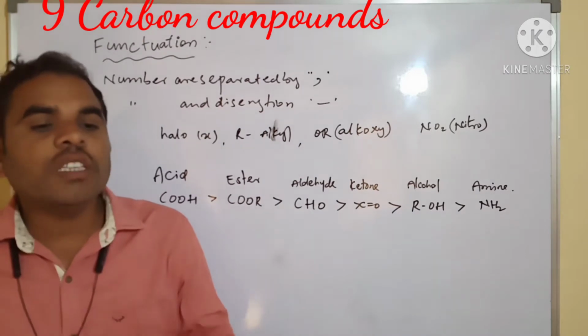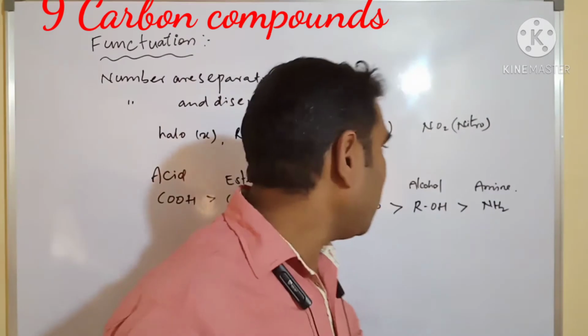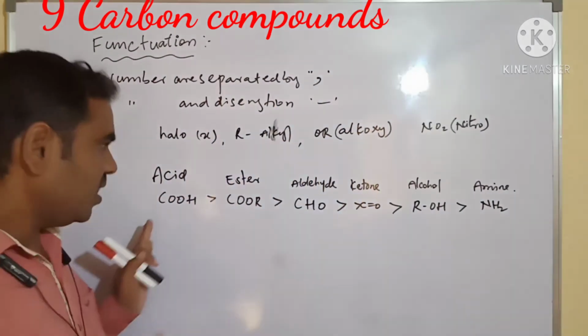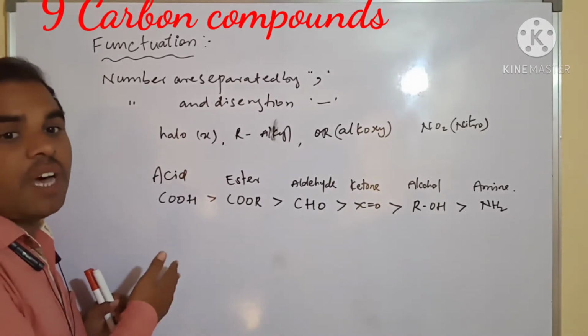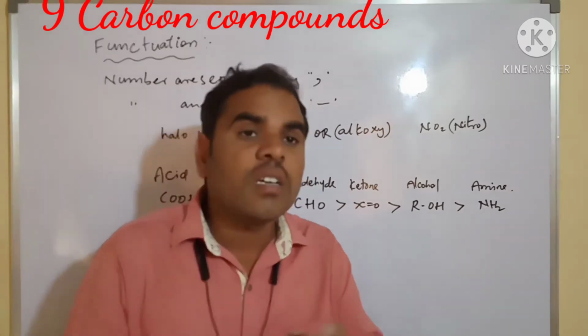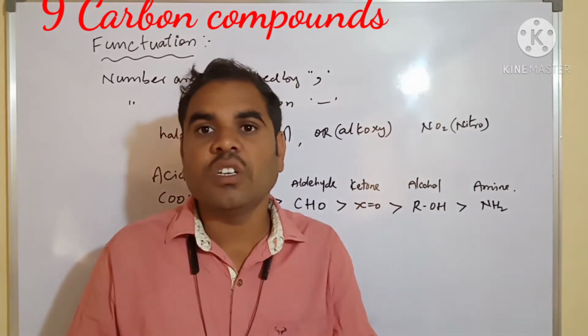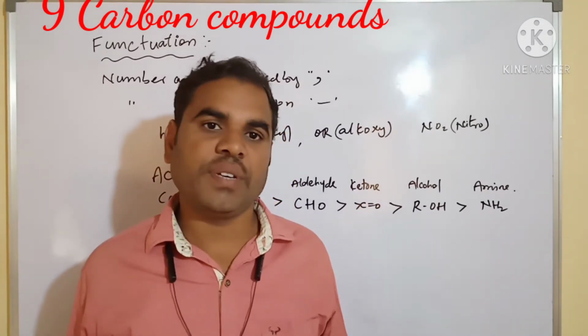Next, we have to see the principles of nomenclature. Is this understood? We have to write the decreasing order of choosing and naming the principal characteristic group. This should be written as the secondary suffix.